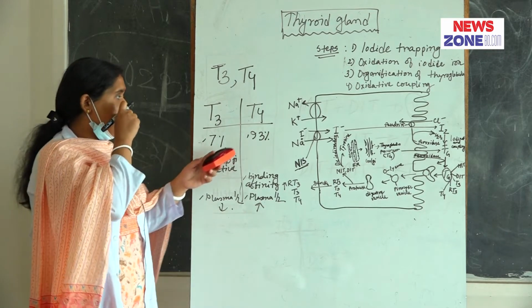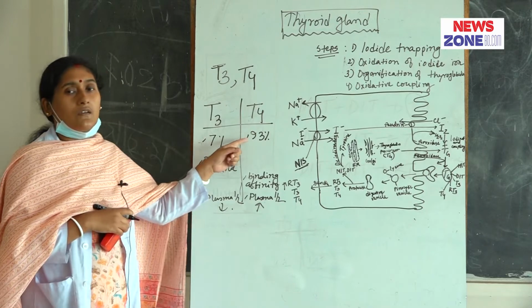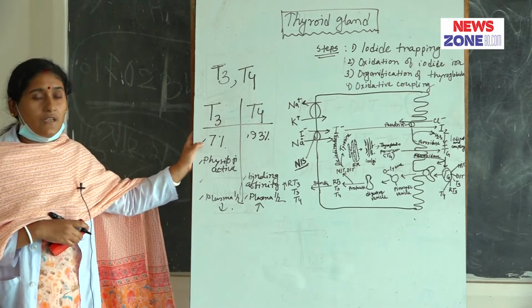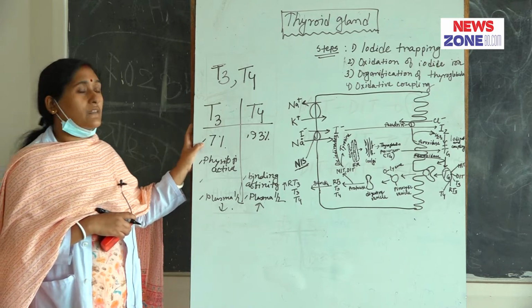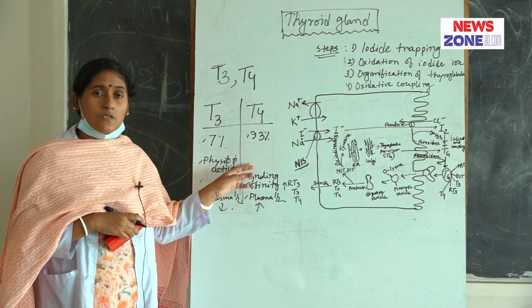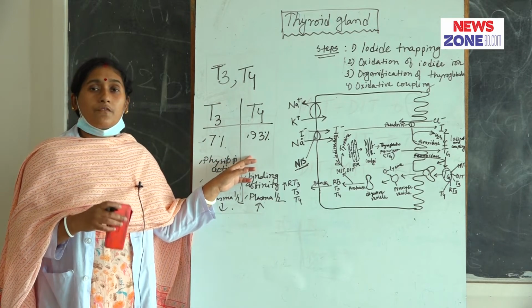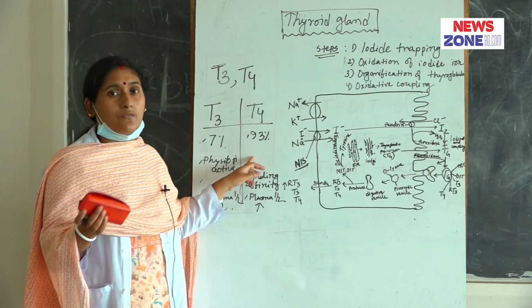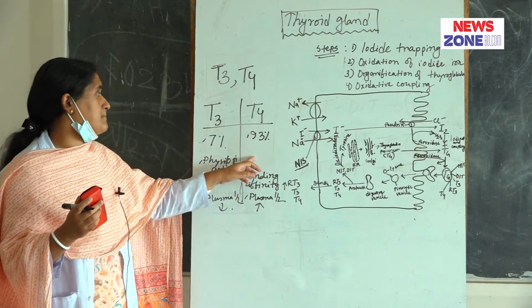Further, I repeat: T4 secreted from the thyroid gland is 93% and T3 is 7%, but T3 is physiologically active. Why is T4 not physiologically active? Because all T4 is first converted into T3, and after that it performs its function.